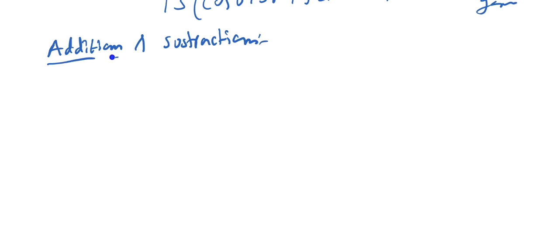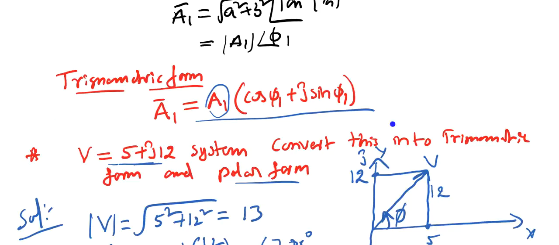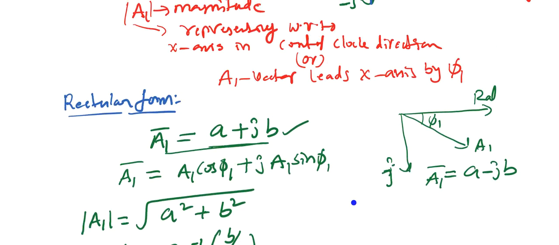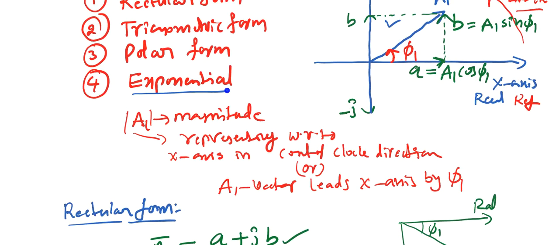So you have already seen the forms. The last form is the exponential form. The exponential form is nothing but some magnitude times the exponential of j into some theta. Some magnitude A1 times e to the power j phi 1, if you write it this way, this is called the exponential form.